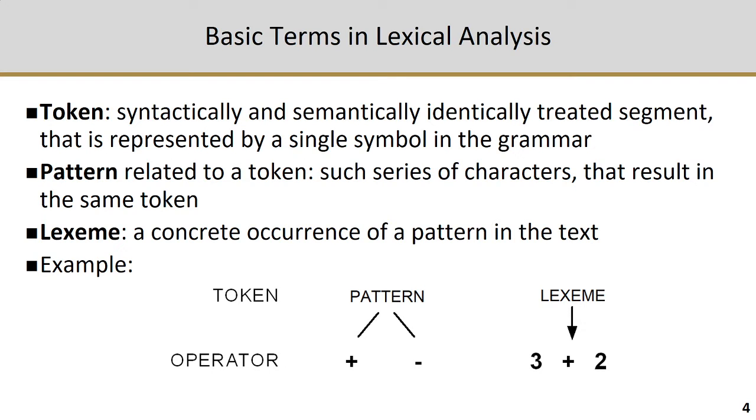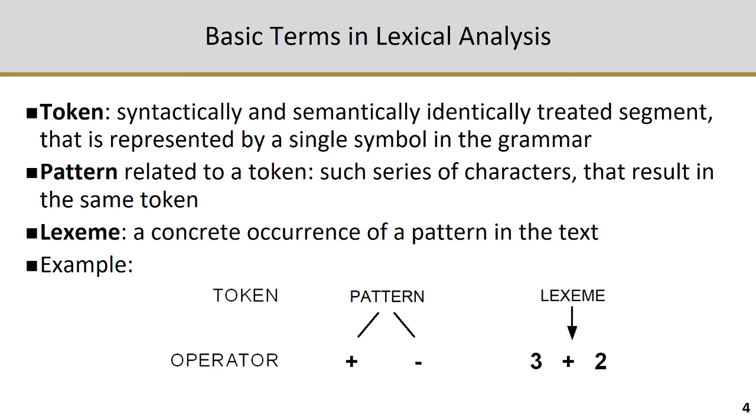So, a token is a block in the source text which is to be syntactically and semantically identified, treated in a way, and represented by a single symbol in a grammar. However, there could be multiple patterns converted to the same token.